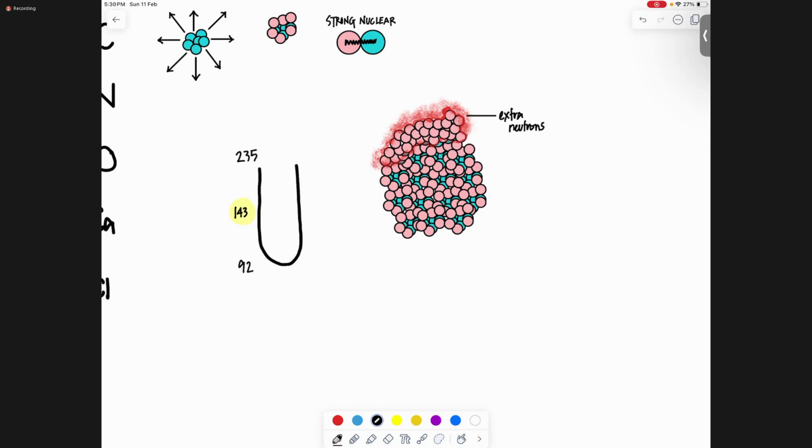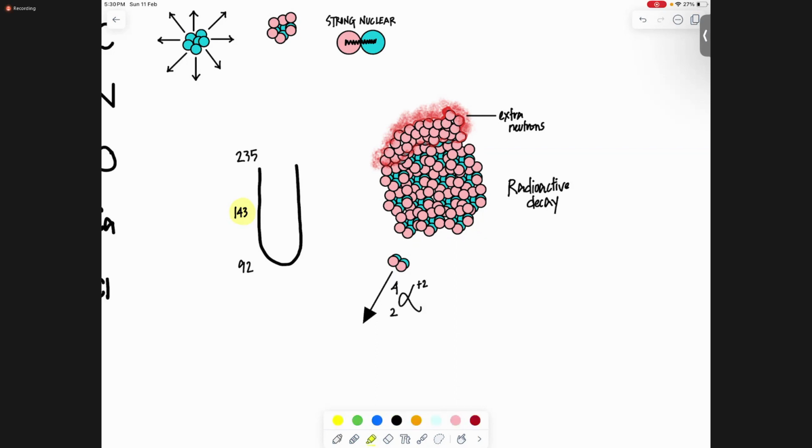Right. So what happens is that this nucleus will undergo something called radioactive decay. And during the radioactive decay process, the neutron will escape, but the neutron will escape taking away 2 protons with it. And this thing that escapes is referred to as an alpha particle, 4 2 plus 2.